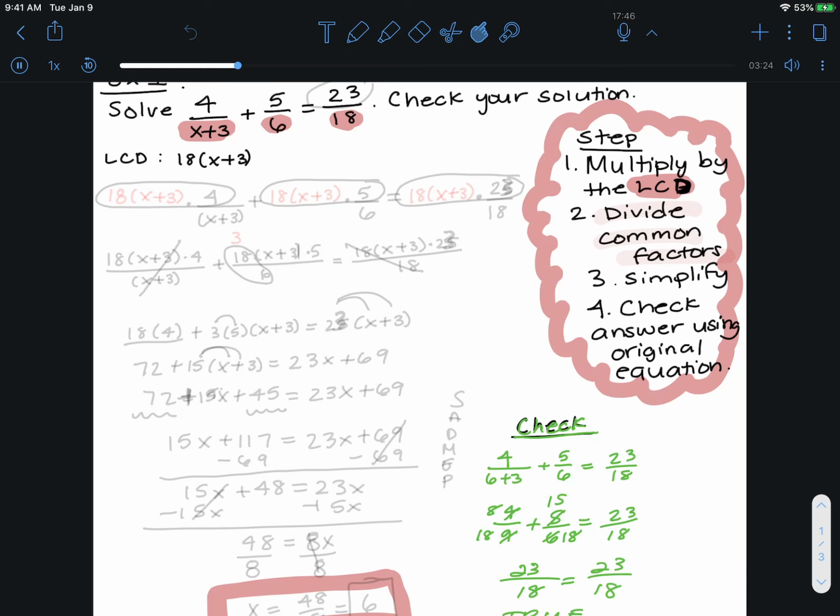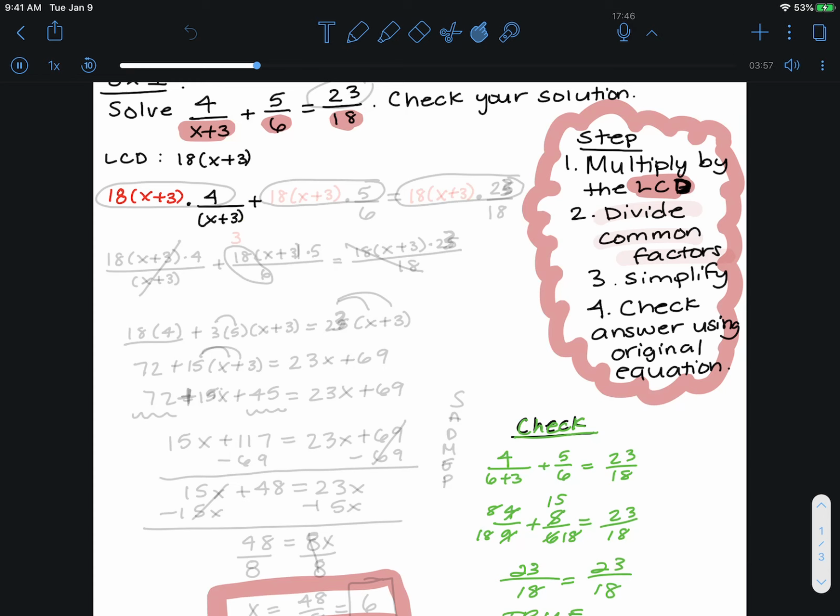Now that we have the least common denominator, you have to multiply every single fraction by it so that you can get your denominators to cancel out. So I'm going to get 18 times x plus 3 and multiply that by 4 over x plus 3.